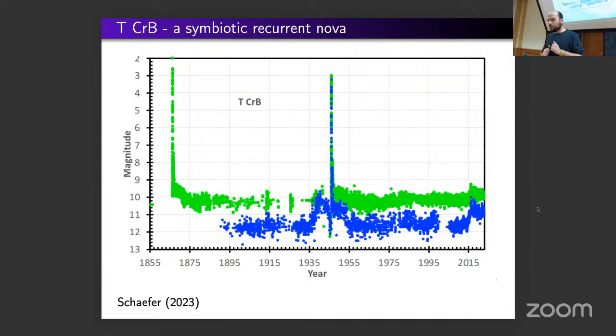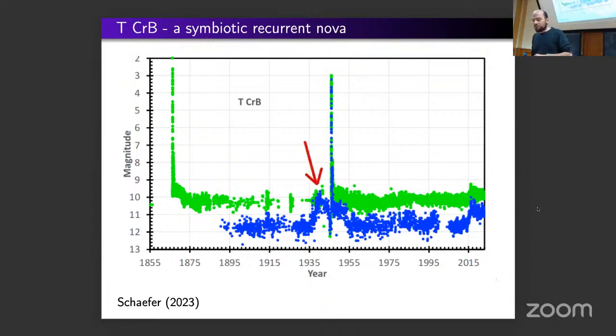Okay, so the hottest topic in symbiotic star research now is T Corona Borealis, and you can see T Corona Borealis experienced nova outbursts here and here. So there were two.